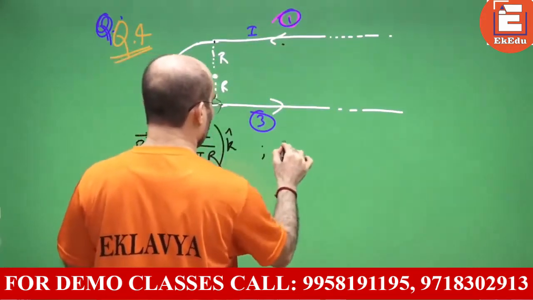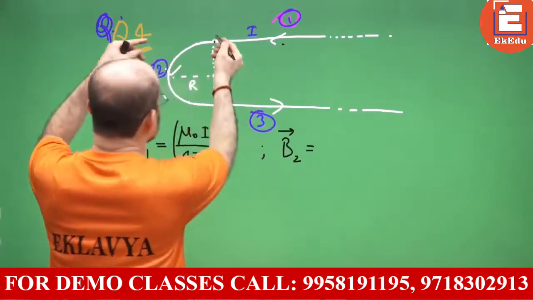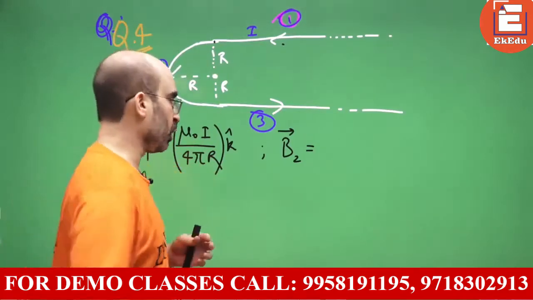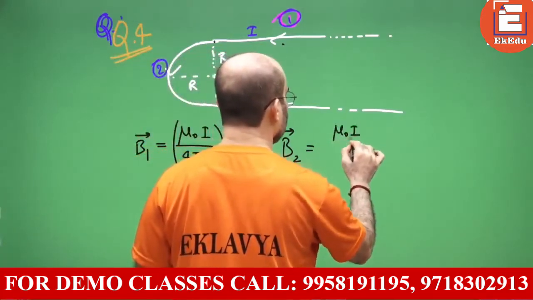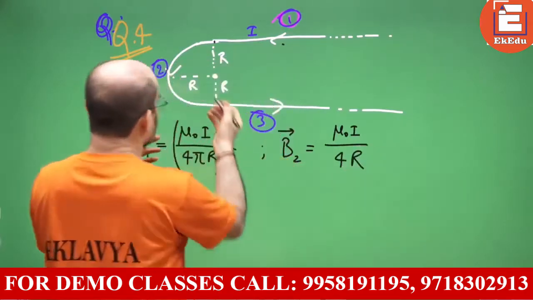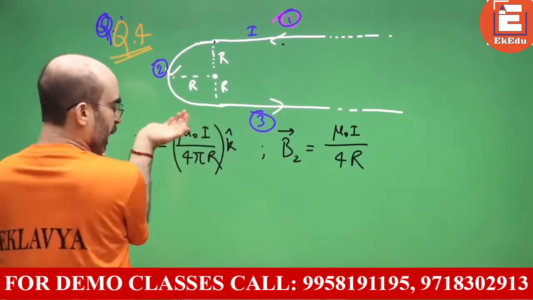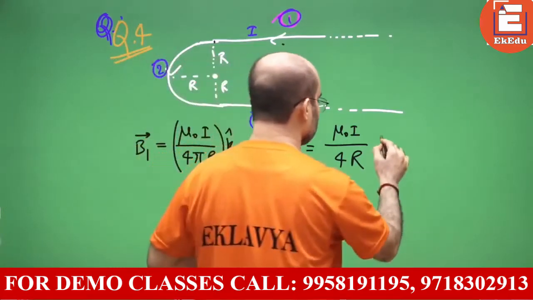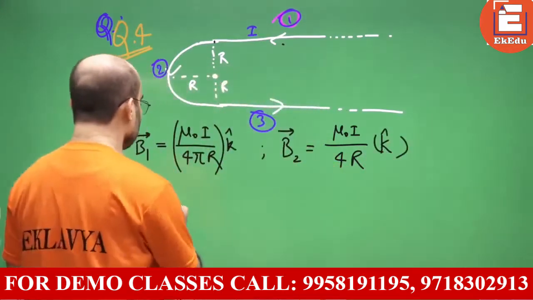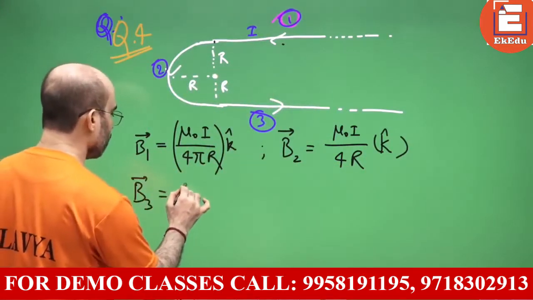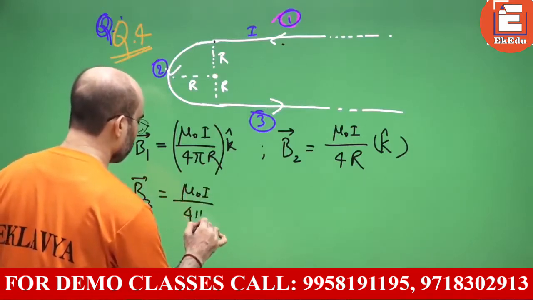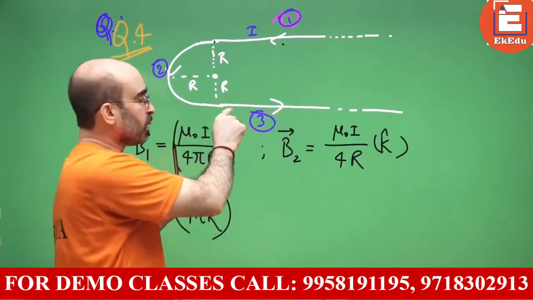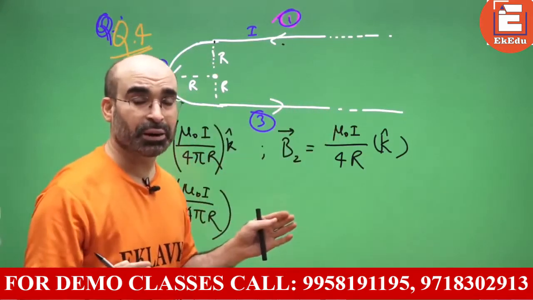This is B1. Now B2, this segment, due to this semicircle, mu naught I by 4 R, all right. This is the anti-clockwise direction. Again, this is outward. Now B3 will be mu naught I by 4 pi R. This is a semi-infinite straight current.